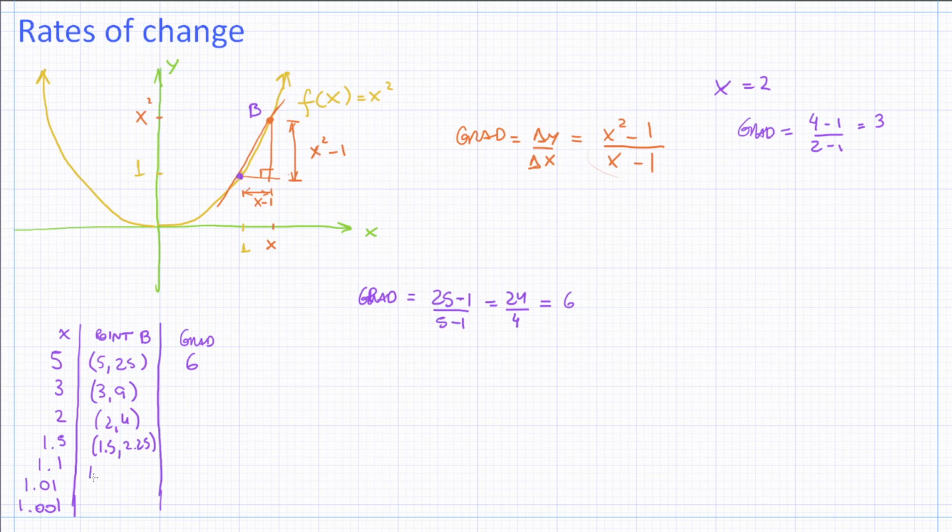Next one, 1.1, 1.21, and I have some problems with space here, right? 1.01, 1.0201, and the last one here is going to be 1.001, which is this point, and 1.002001. Alright, if you work those out, I will not calculate all of those because it would just be boring, but you can put those in a spreadsheet, or you can use your calculator.